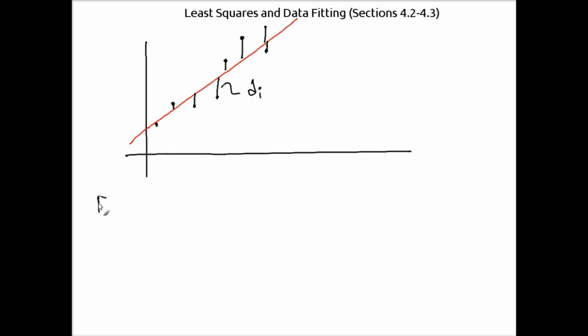And you want to find the line L which minimizes the summation of the di squared. It's natural to take the di squared because you want to make them all positive. And this is what's called the least squares fit.